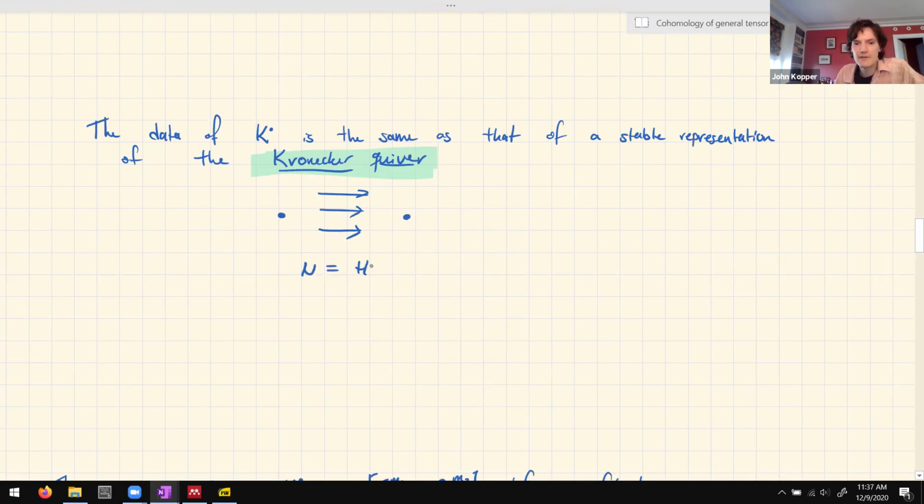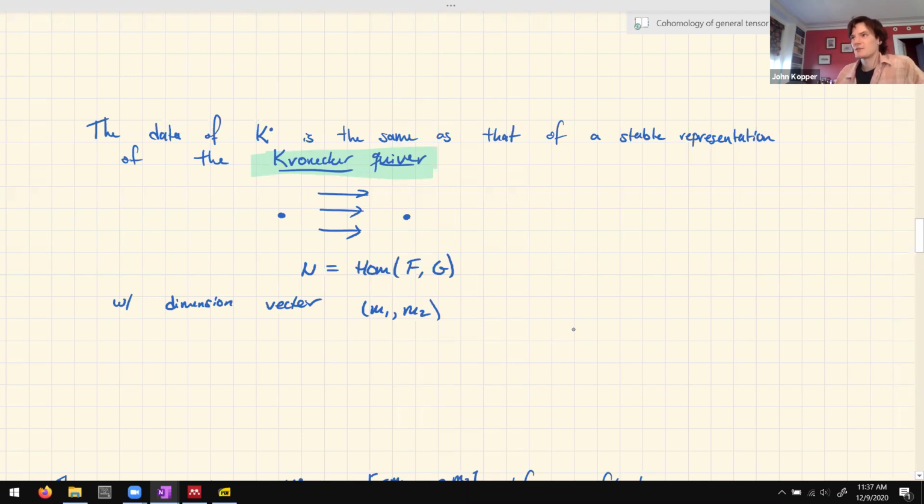In this case, it's going to be the number of maps between F and G, where F and G are as above. And so the stable representation that K corresponds to has dimension vector M1, M2, where those are the powers that showed up in the balancing spectral sequence.